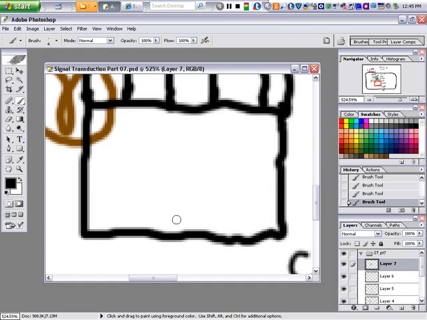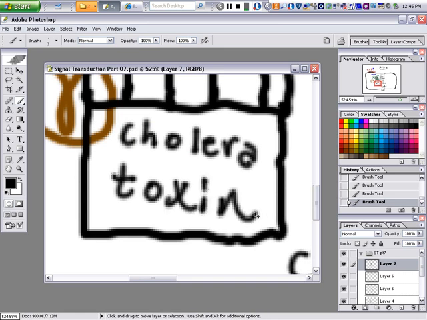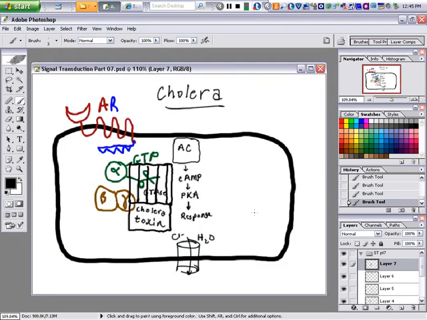What would that 5-year-old call that toxin that causes cholera? Cholera toxin. Exactly. That's the name of the toxin. Cholera toxin. Okay? And that's how you get the disease cholera.